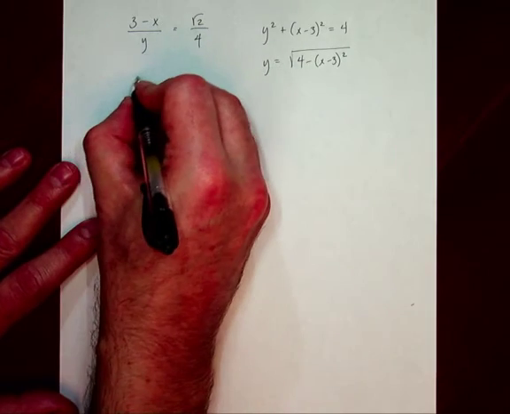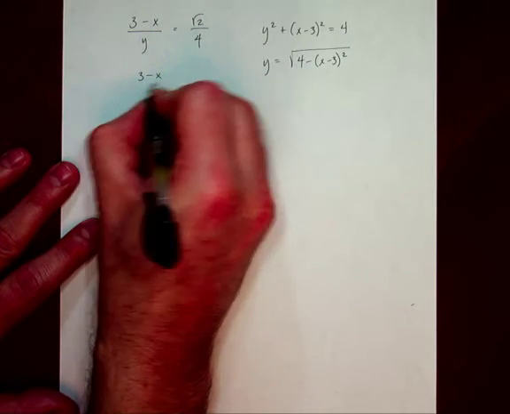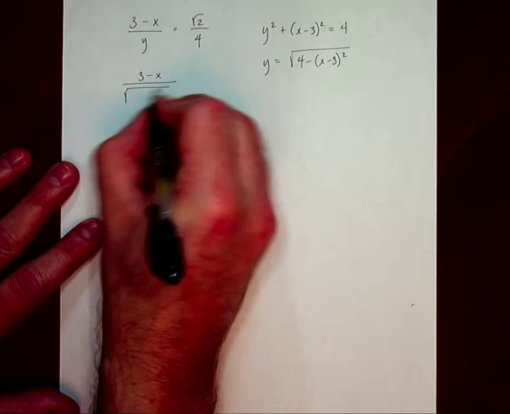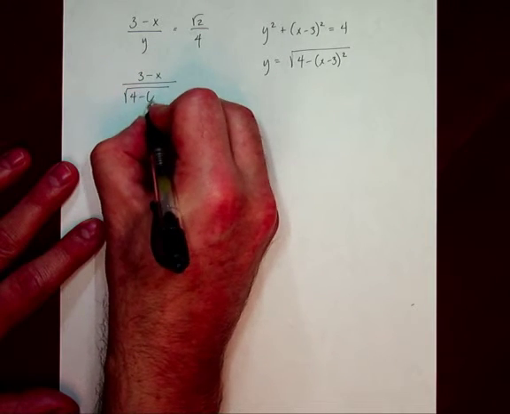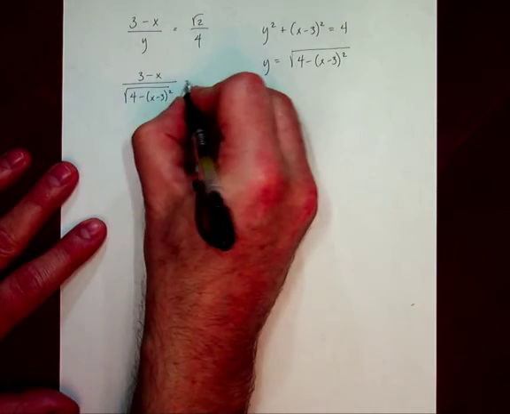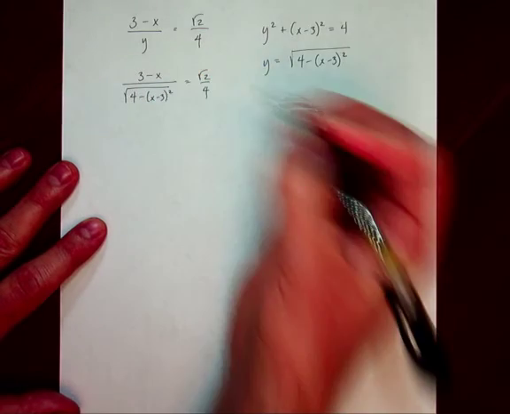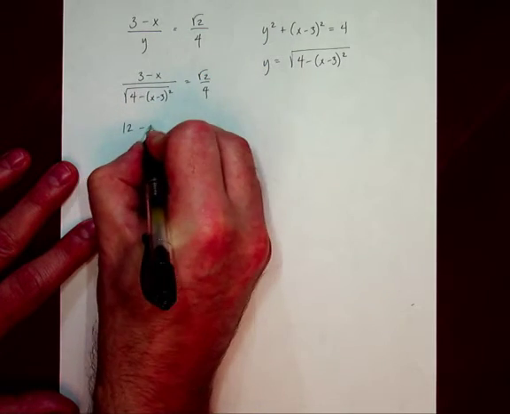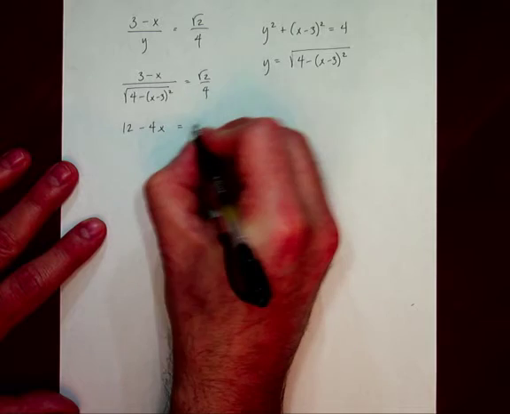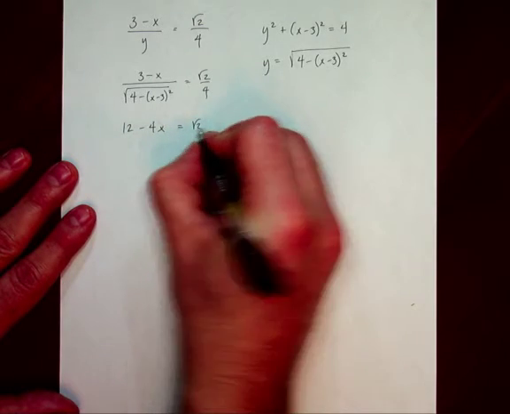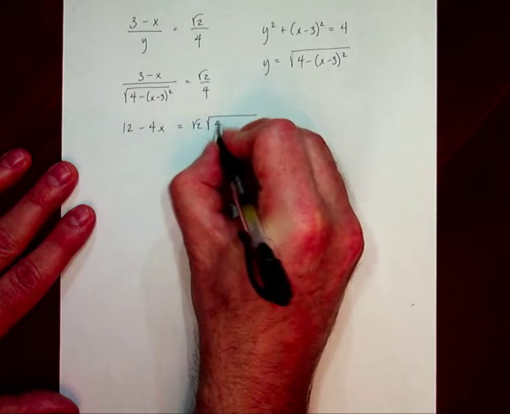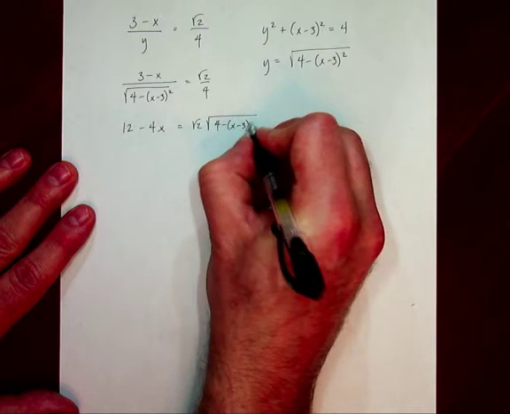And so I can get 3 minus x over the square root of 4 minus x minus 3 squared, equals root 2 over 4. That becomes 12 minus 4x, and this becomes root 2 times the square root of 4 minus x minus 3 squared.